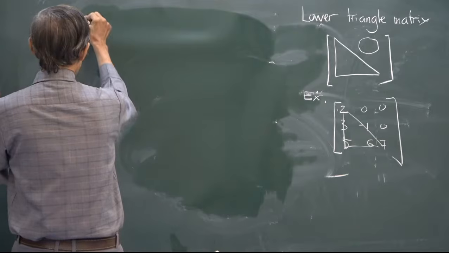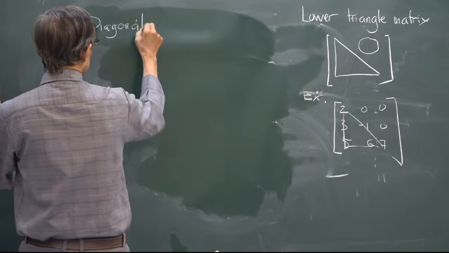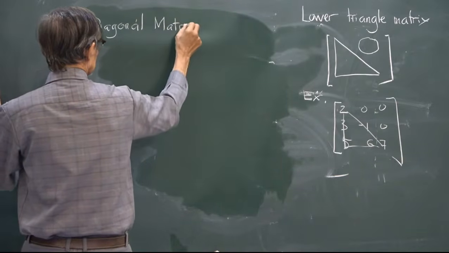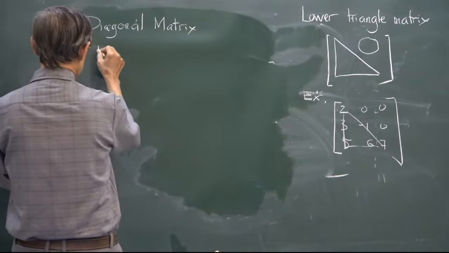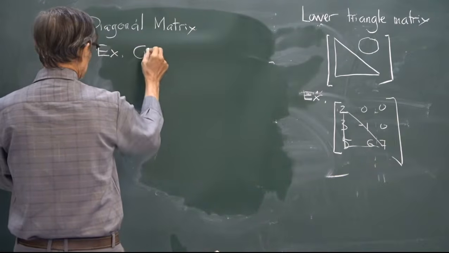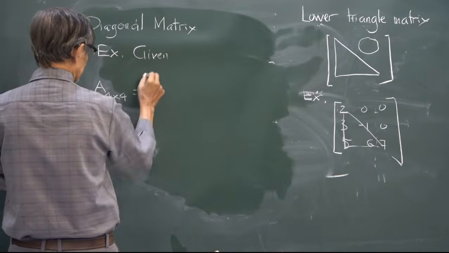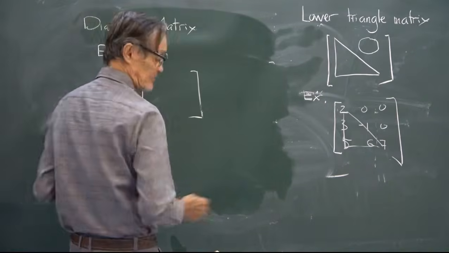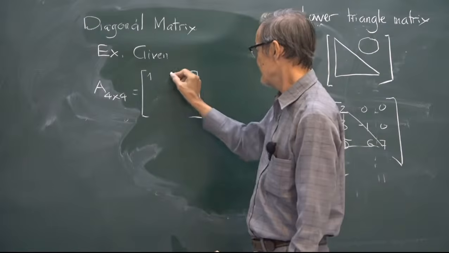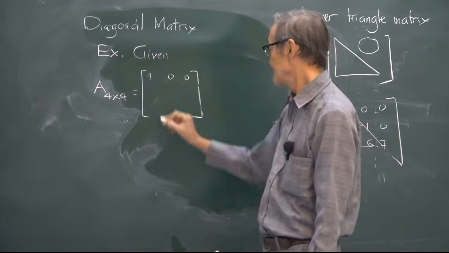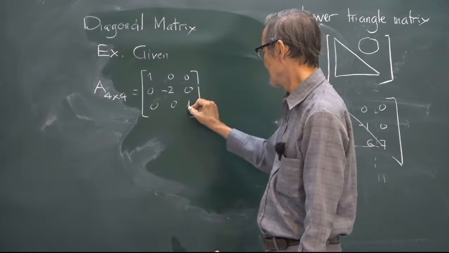Now consider the diagonal matrix. For example, given a 4 times 4 matrix: 1, 0, 0, 0, minus 2, 0, 0, 0, 1.